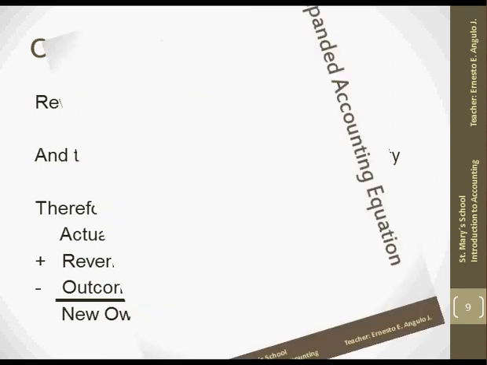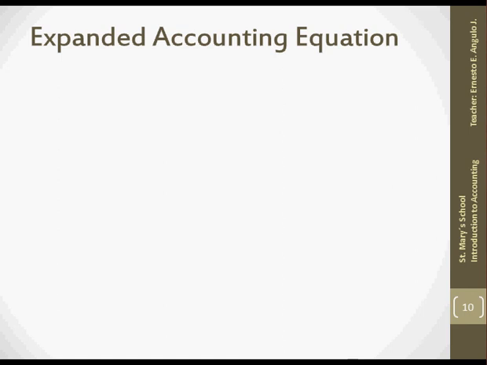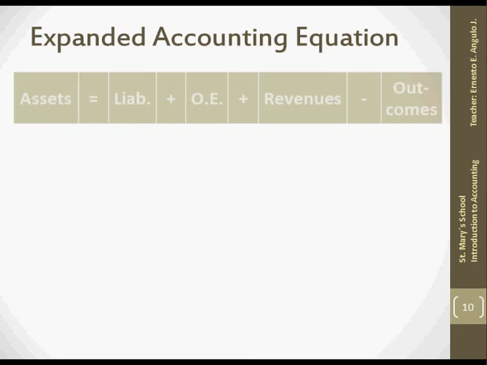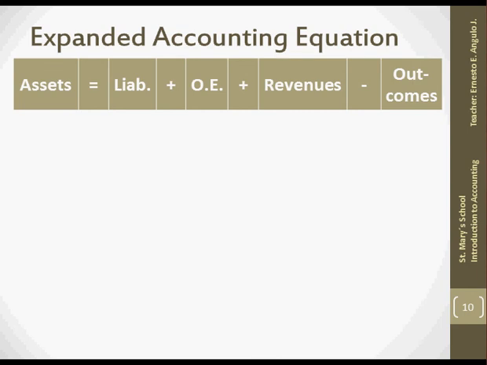Using this last presentation, we can modify the basic accounting equation saying that the assets must equal the liabilities plus the owner's equity plus the revenues minus the outcomes.